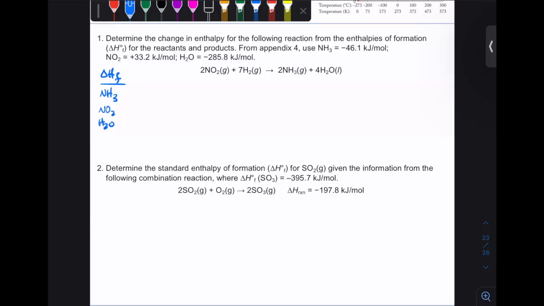You could write all that down, or you can extract it from this. I don't want to say that everyone has to do it this way, but sometimes organizing is helpful. NO2 is plus 33.2. H2O is minus 285.8.